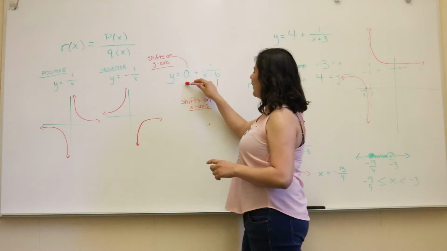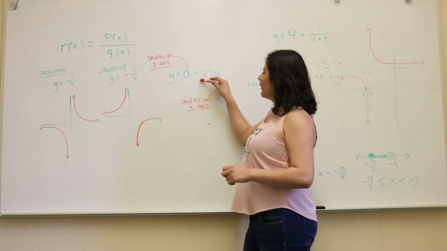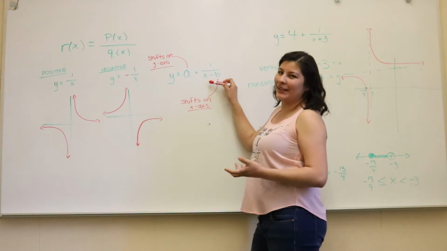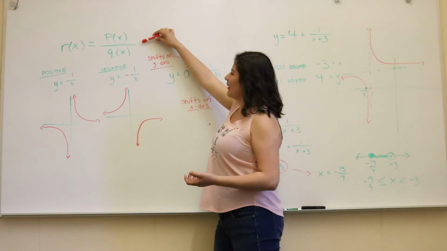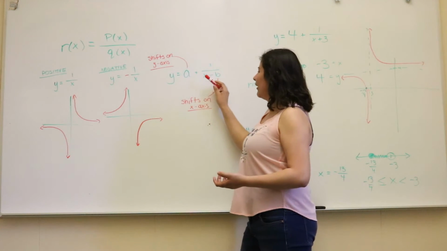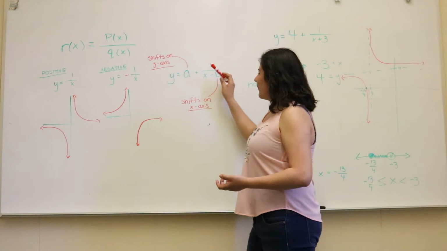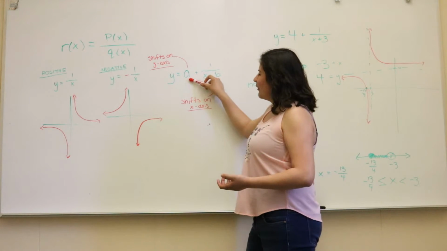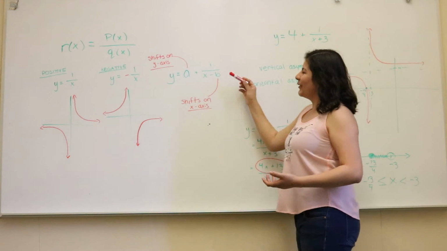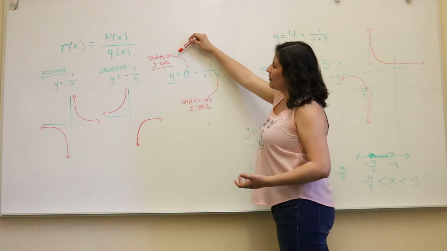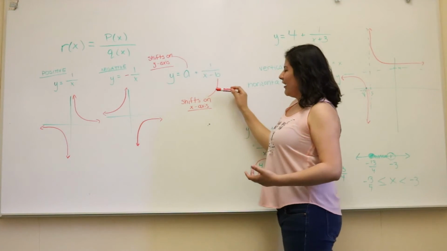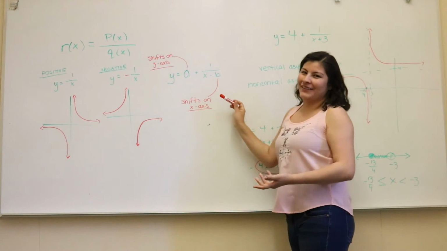This equation y equals a plus 1 over (x minus b) is derived from this equation, which helps you find the horizontal asymptote and the vertical asymptote. This one then shifts the y-axis, and this one shifts the x-axis.